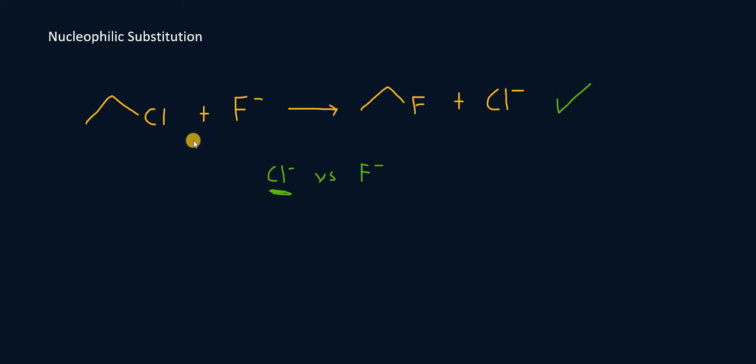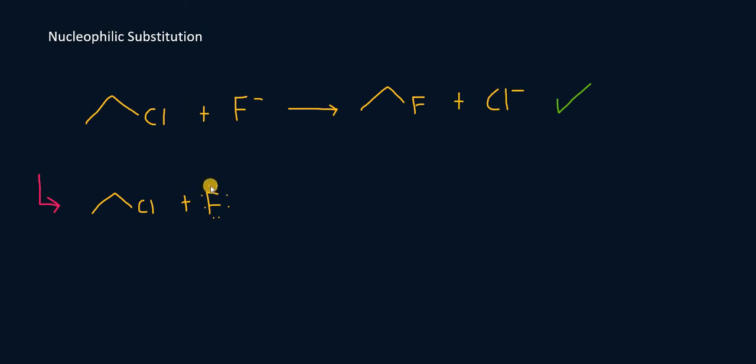Now, sometimes you might actually have to draw out this reaction, how it takes place. And you use this notation called arrow notation to show the substitution, and you have to draw what's called a transition state, or a transition intermediate, to actually show that the substitution is taking place. So remember, F- is going to have all these lone pairs around it.